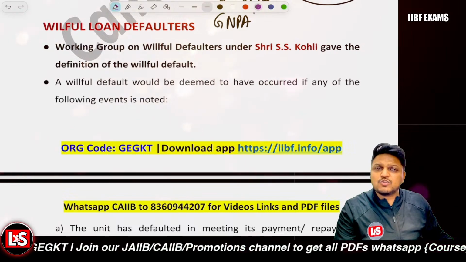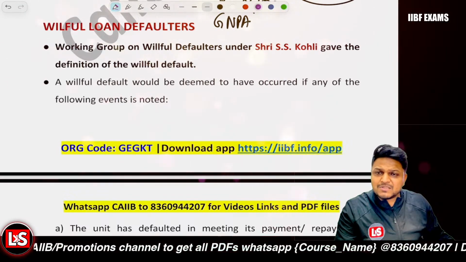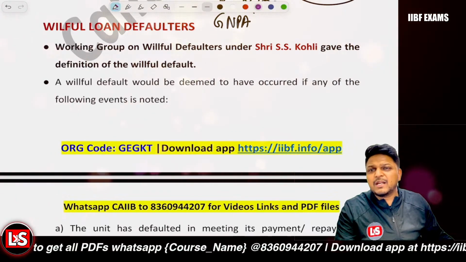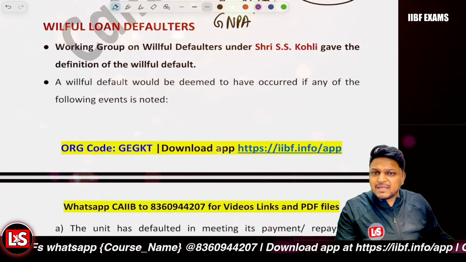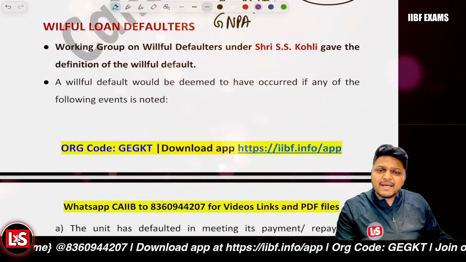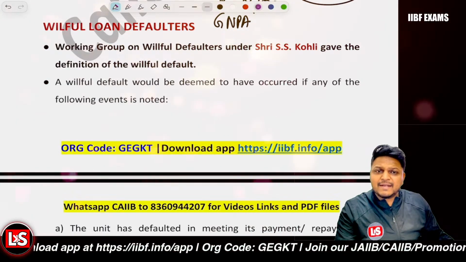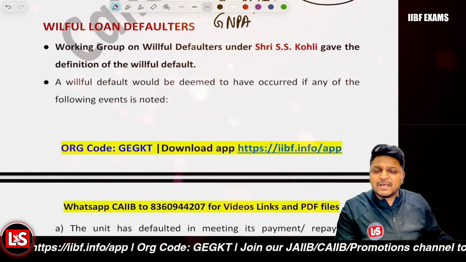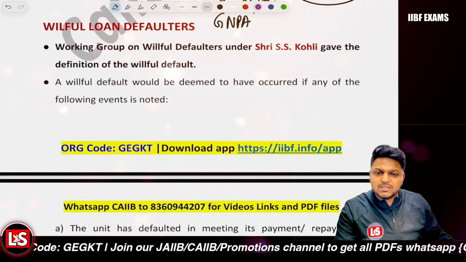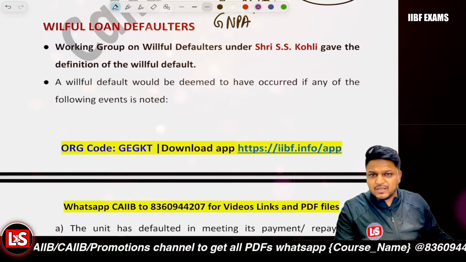The funds were issued for some particular purpose, but they have not been used for that purpose, or they have used them for unwanted purposes. Or it may be the case that the security created using the funds has been disposed of, removed. The secured assets have been removed without the bank's consent. So these could be the reasons related to willful default, right?